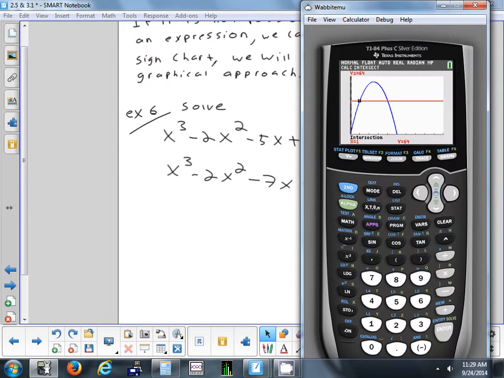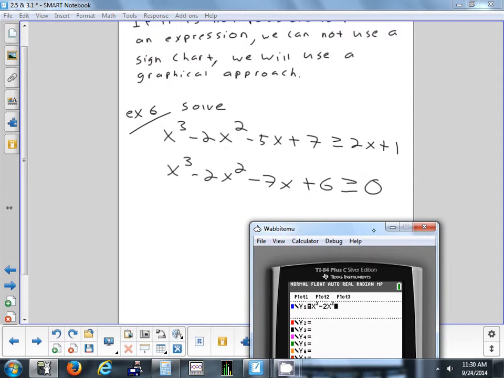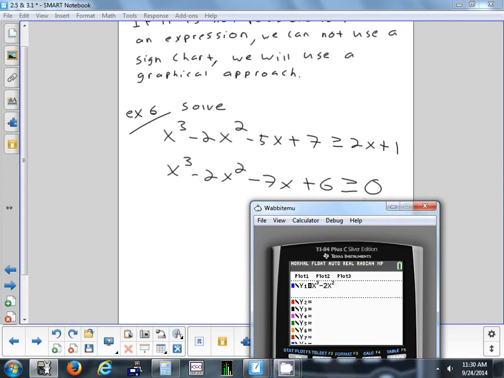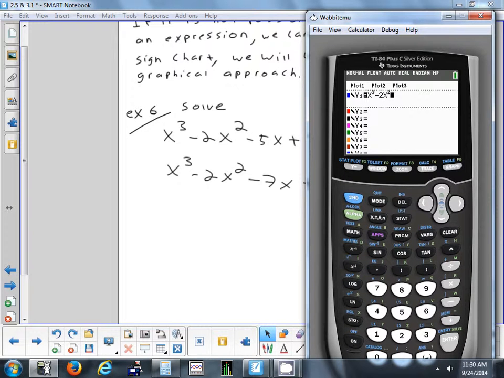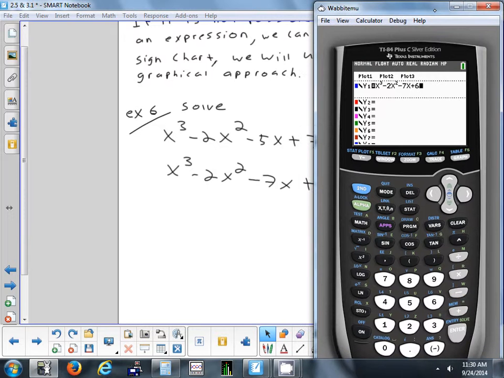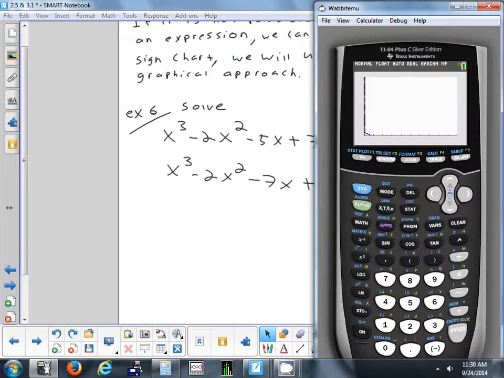So we've got x cubed minus 2x squared minus 7x plus 6. And we should go back to a standard window.